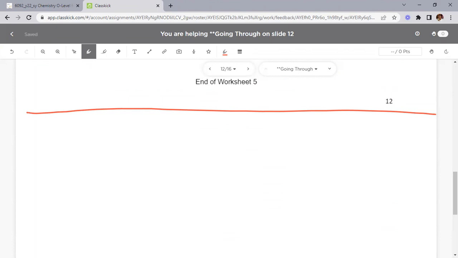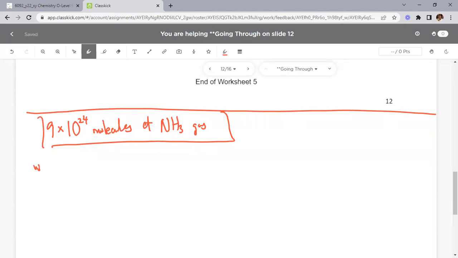It's really to find, if I have 9 times 10 to the power 24 molecules of hydrogen chloride, not hydrogen chloride, ammonia gas, NH3, what are the quantities that you can find? So this will be the question.